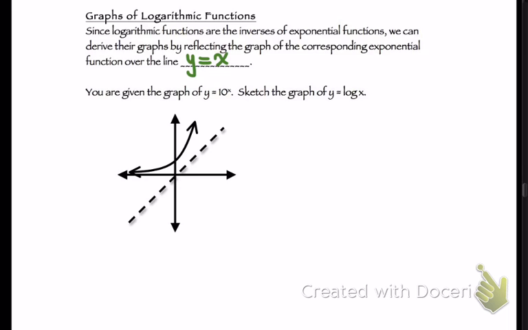So, some things I noticed about 10 to the x power, this guy right here. I know it has a horizontal asymptote at y equals 0. I know the key point is 0, 1. Think, when I plug in 0, 10 to the 0 power is 1.